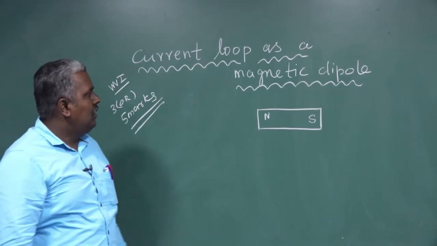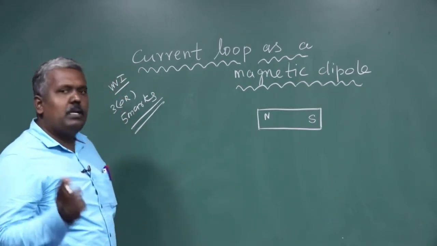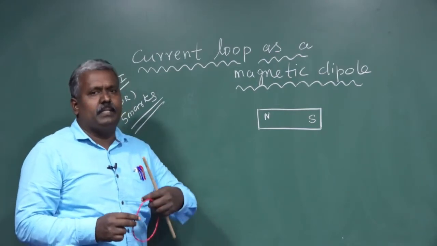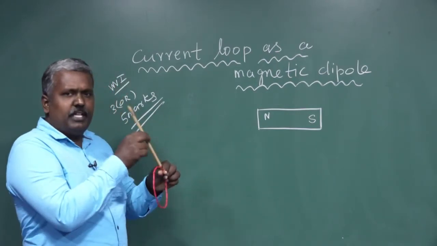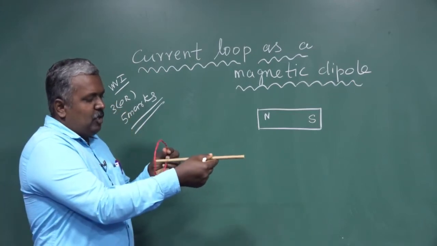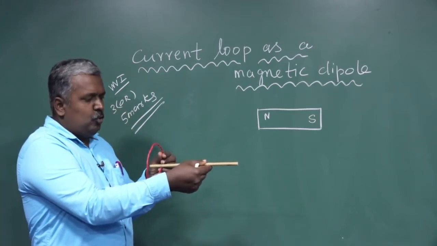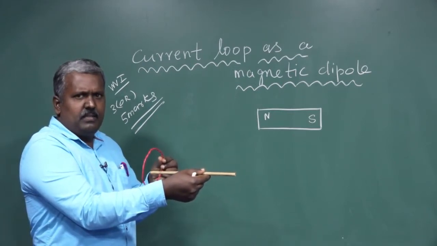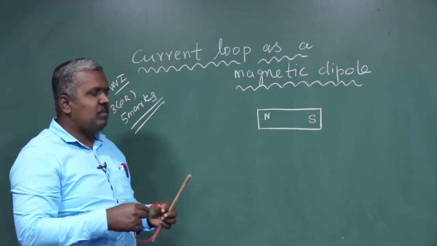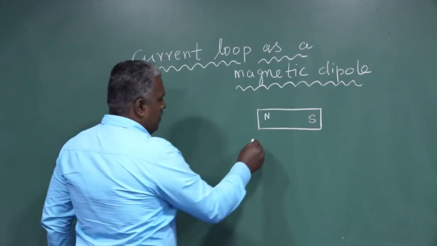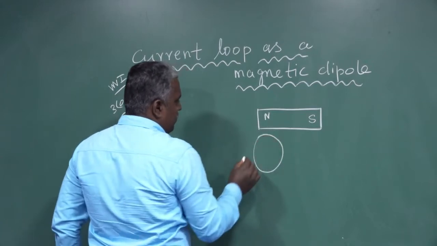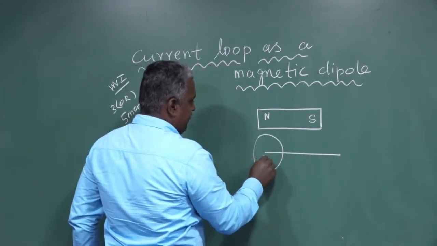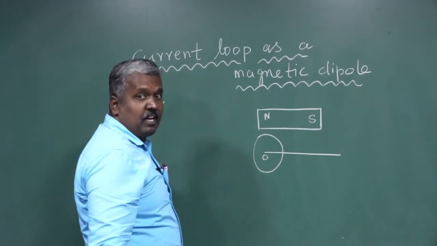Okay. At the same time, already you have discussed about magnetic field along the axis of the circular loop carrying current in last question. I am correct or not? Come on, tell me what is the formula. The circular loop carrying current I. The center of the current loop.